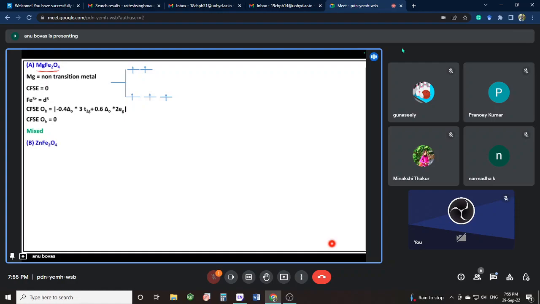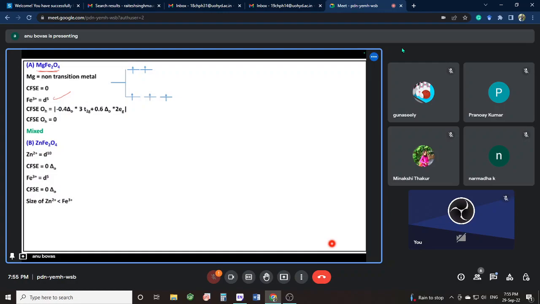Now, let us move on to the next example. This is a little tricky one. Here also, if we see Zn2+ has D10 configuration, CFSE will be 0. Fe3+ we already calculated here, CFSE is 0. So we assume that it will be a mixed spinel. But in this case, it is not. This is because of the size difference.